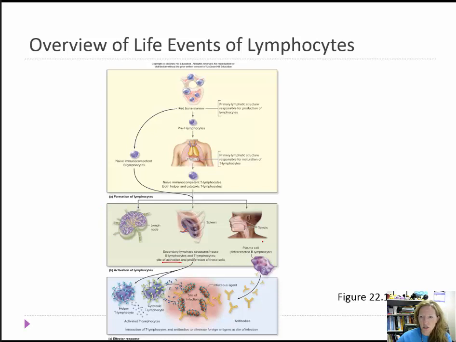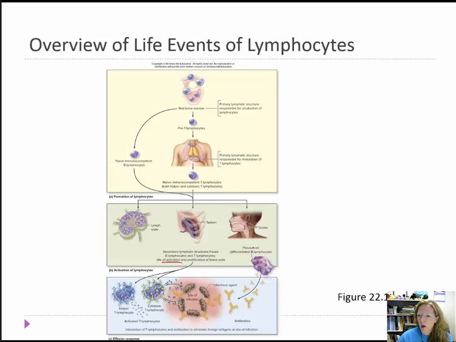The site of activation is usually going to be in these secondary lymphatic structures, unless they're wandering around in the lymph. But then once they are activated, they are going to proliferate and differentiate. So it's talking about the proliferation into helper T cells and cytotoxic T cells, how they're going to clone themselves, which is the proliferation process, if you know what proliferate means.